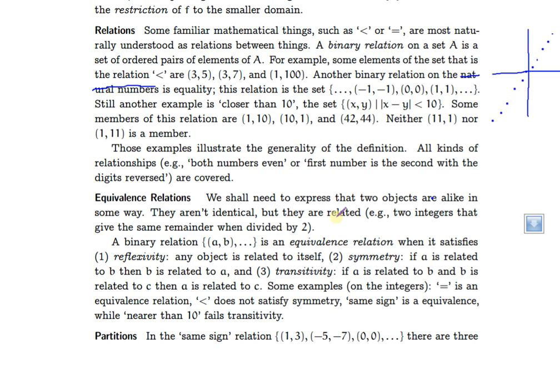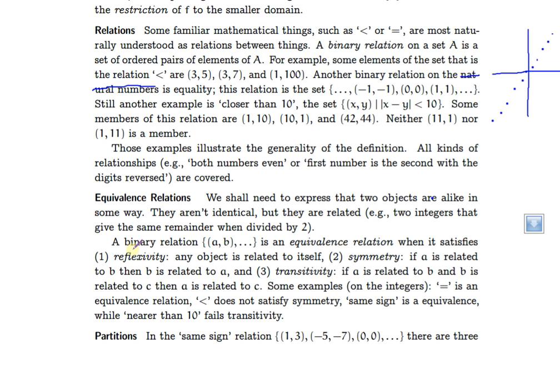For instance, in geometry, you talk about two geometrical figures being similar. They aren't identical, but they're related. Here's another example. If I want to express the fact that two integers have the same remainder when divided by 2, then those two integers are related in some way.